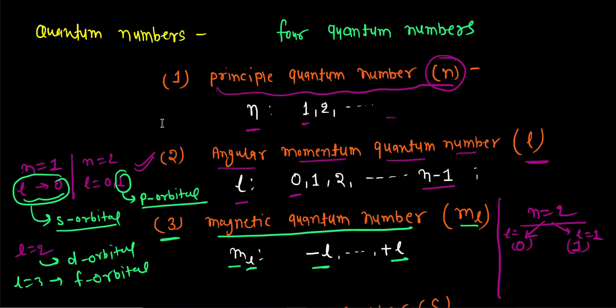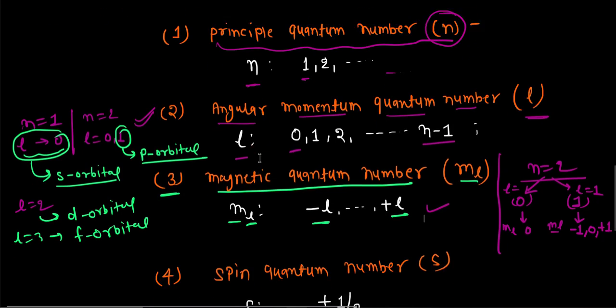And for L is equal to 0, the m sub L would be 0 only because minus L or plus L is 0 only. There cannot be minus 0. And for L is equal to 1, m sub L can be minus 1 to plus 1, so minus 1, 0 and plus 1. So in this manner, the m sub L will be defined.